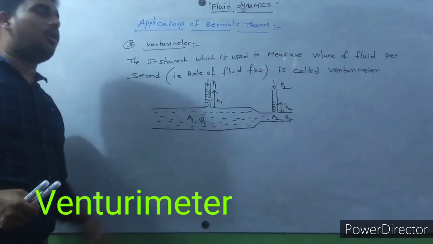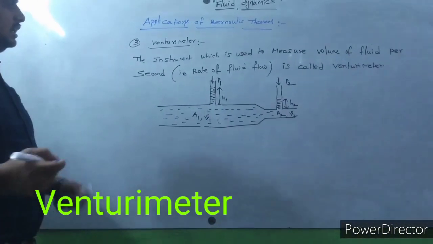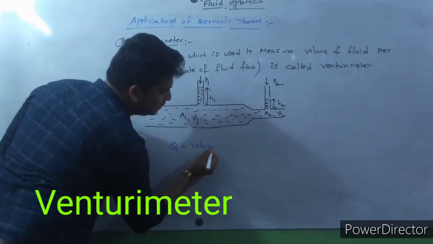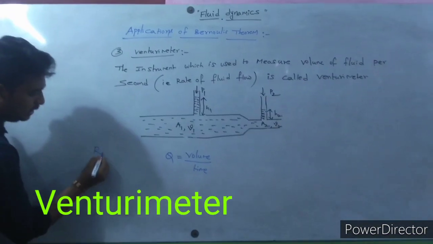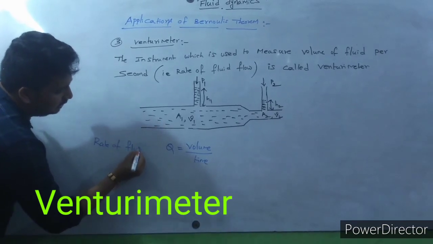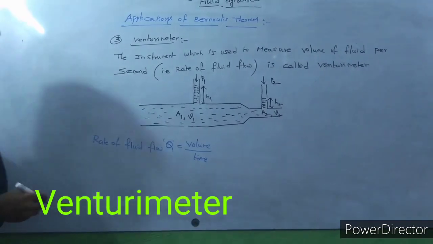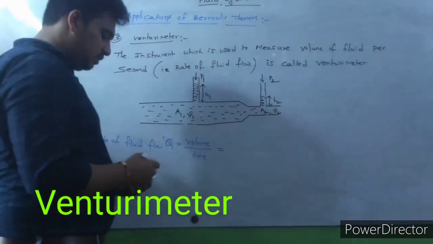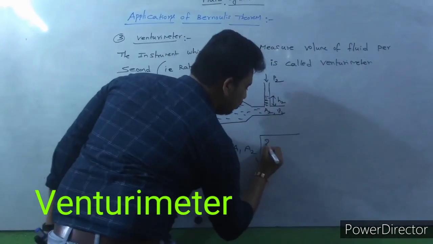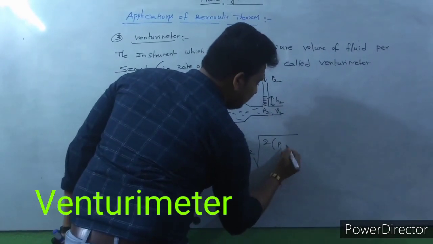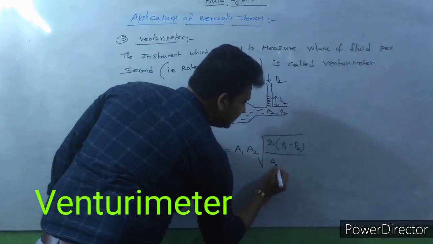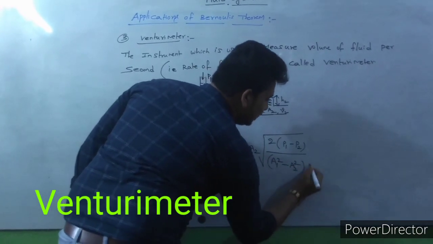So what is the formula for the Venturi meter? The Venturi meter also works based upon Bernoulli's theorem. Here Q, that means volume by time, the rate of fluid flow, is equal to A1 into A2 into the square root of 2 into (P1 minus P2) by (A1 square minus A2 square) into rho.